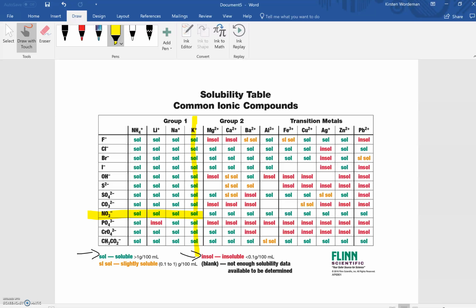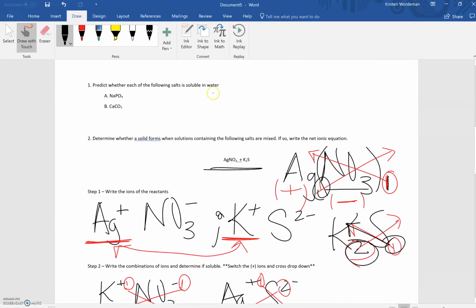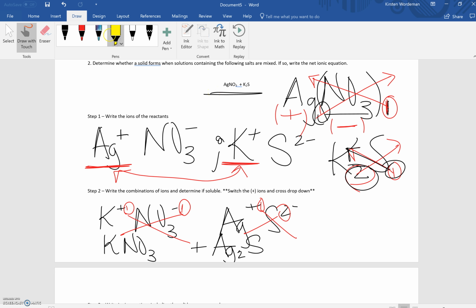The second option is our silver with the sulfide, and there is our new compound that is going to be insoluble in water and be solid at the bottom of our beaker. So now that we know that one of these 2, specifically your silver sulfide, is going to be insoluble after the reaction, we want to perform the net ionic equation.